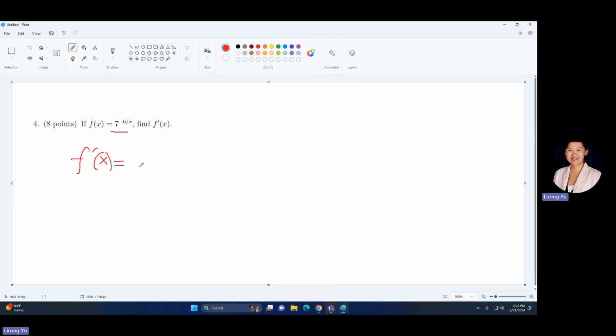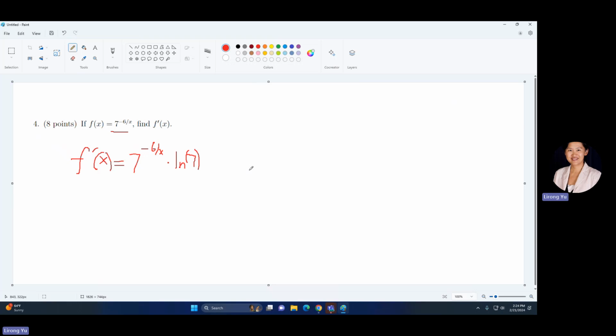So you will have 7 to the negative 6 over x. You're going to have the same thing whenever you differentiate anything that involves an exponential, and then you multiply by the ln of 7, because we don't have base e exponential. We have base 7. So whenever you differentiate an exponential with a base other than e, you always have the ln of 7.